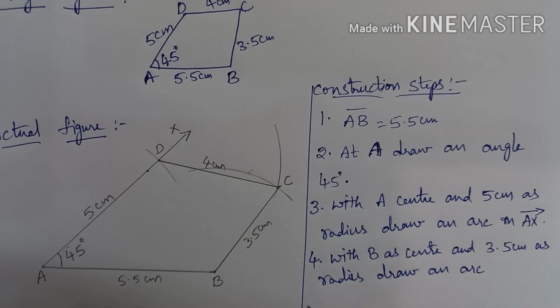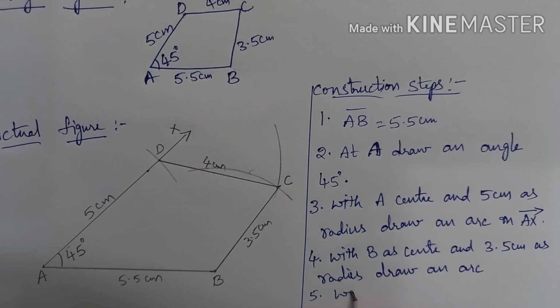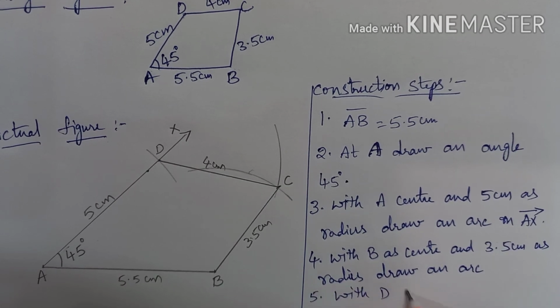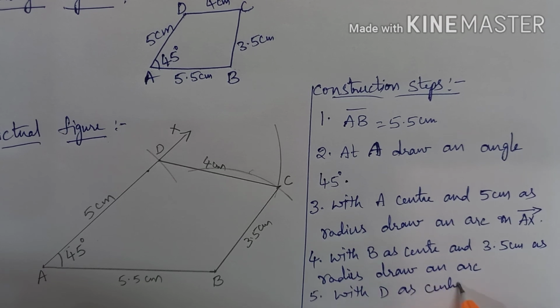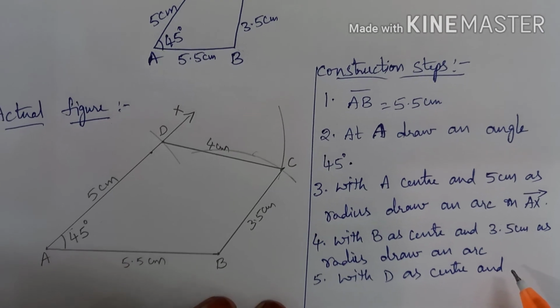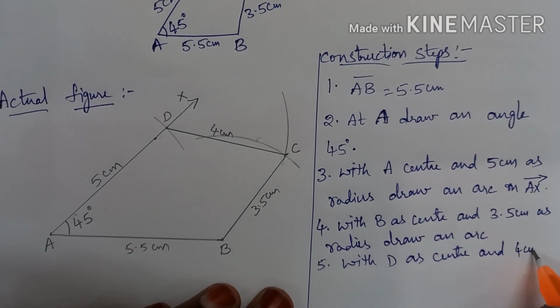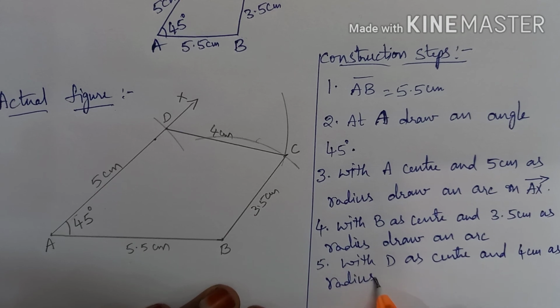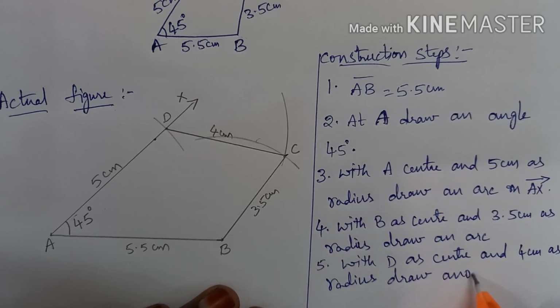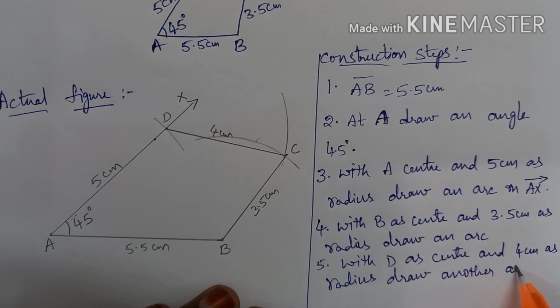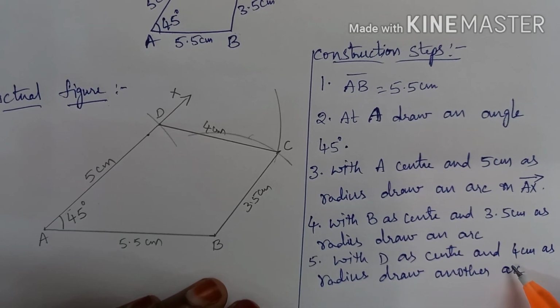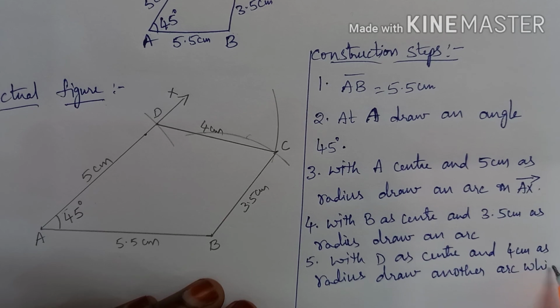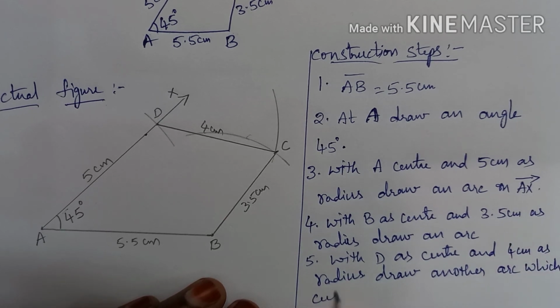Okay, children. Again, with D as center and 4 centimeters as radius, draw another arc which cuts the previous arc.